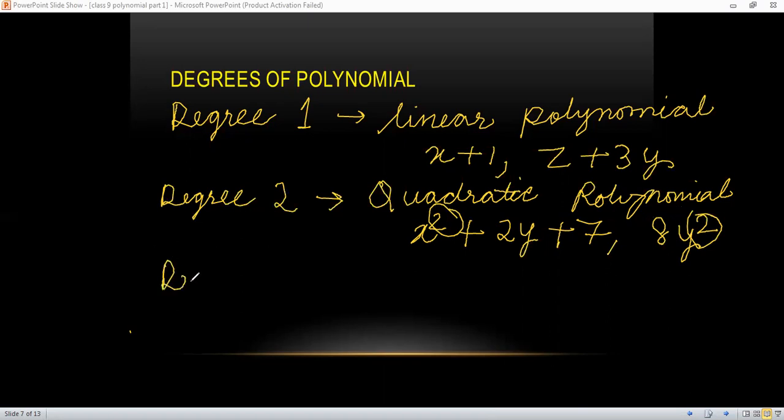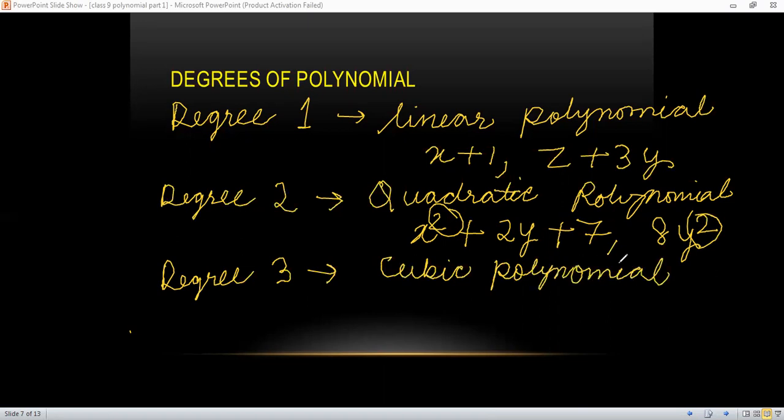If degree is 3, we will call it cubic polynomial. X cube plus y cube plus 3 is equal to 0.